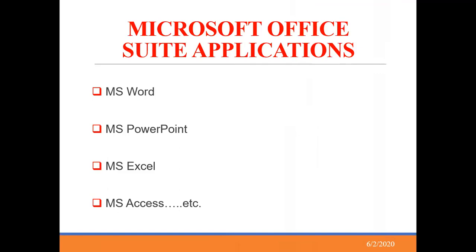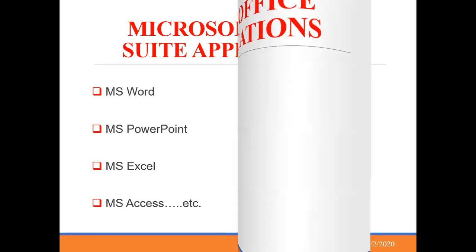And Excel works with the accounts sections. You can do calculations with it. You can also use it in creating databases as well. And we have Microsoft Access. Its main purpose is more or less like a database. It's used to create a database. Yeah, so these are just the basic functionalities of these Microsoft Suite applications.